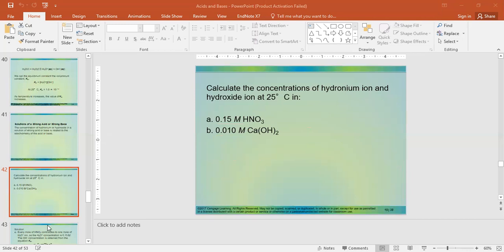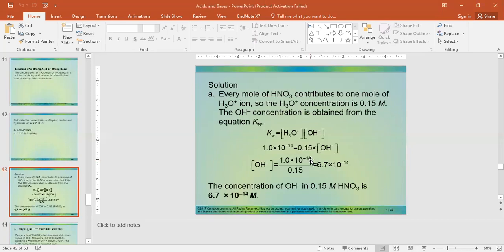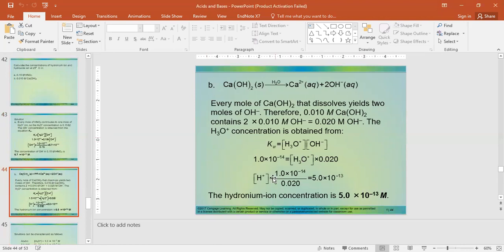So that is what is being explained here. The same thing is being explained here when we are taking 10 to the power minus 14. So I can move to the next slide.